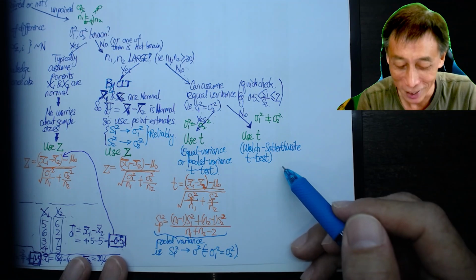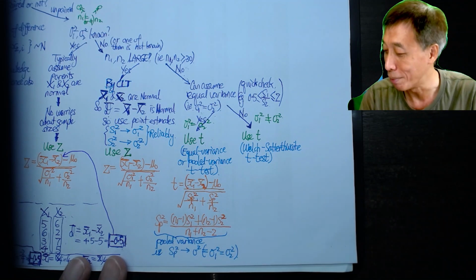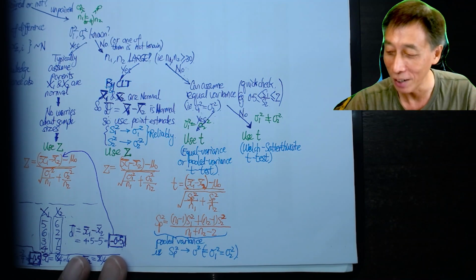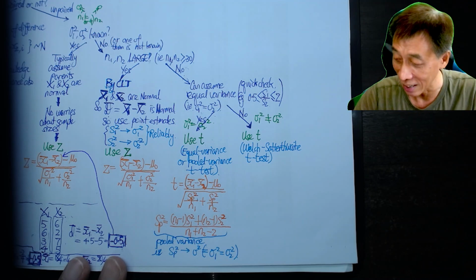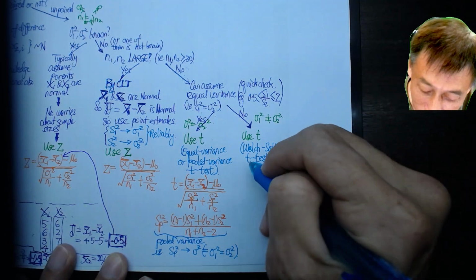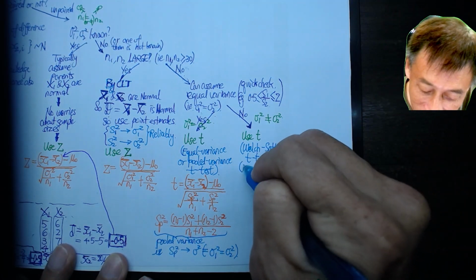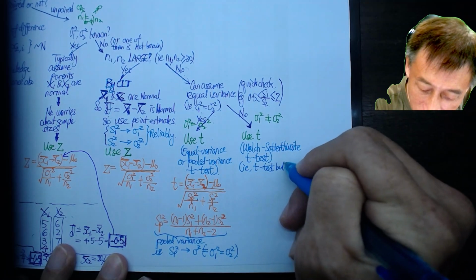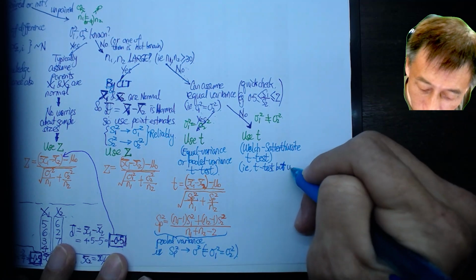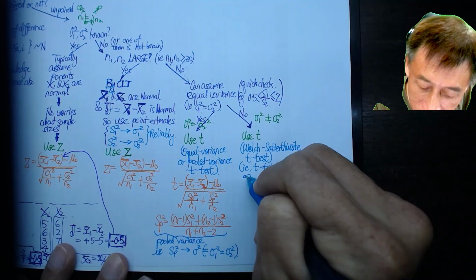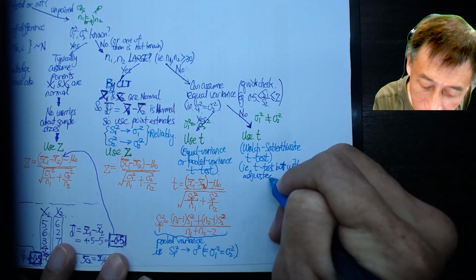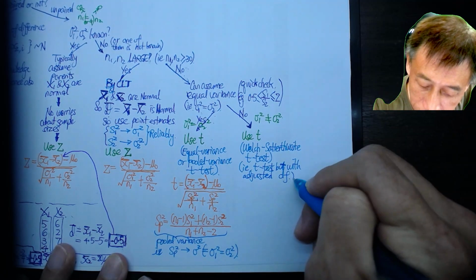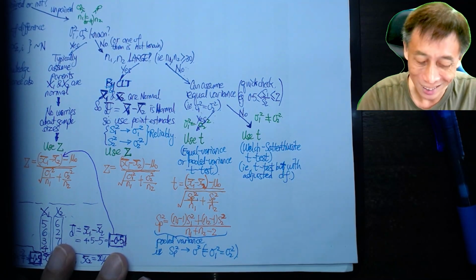We better pay due credit to these people who created this very, very interesting idea. What's this idea? This idea is the t-test, but with an adjusted degree of freedom. Oh, that means I should add the degree of freedom here.